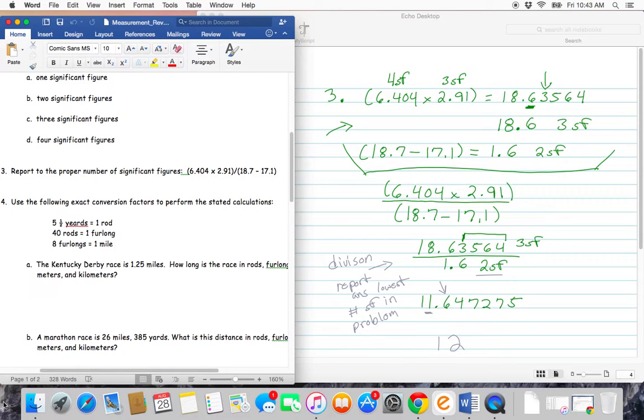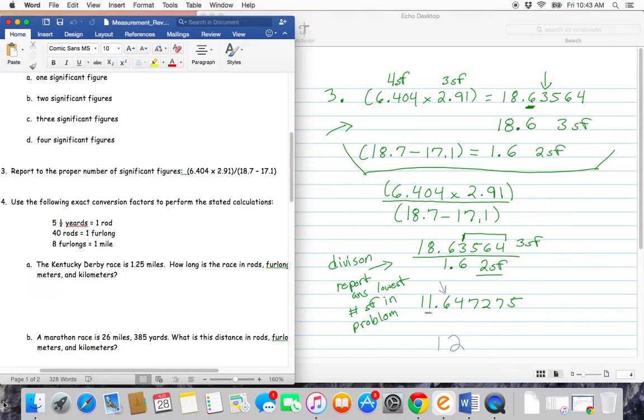And the final operation here is division. So since the final operation is division, what are the rules for division? The rules of division say that we need to report the answer with the lowest number of sig figs in the problem. And the lowest number of significant figures in the problem is 2.